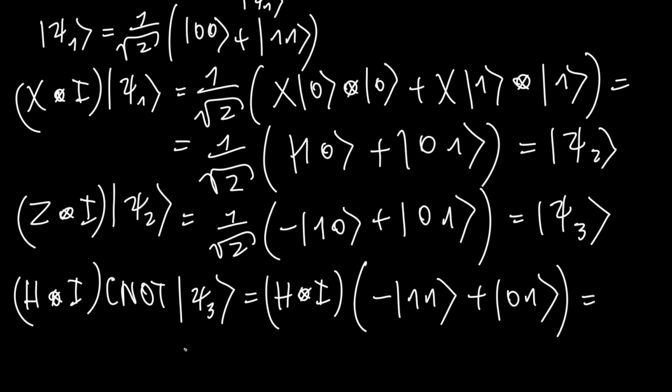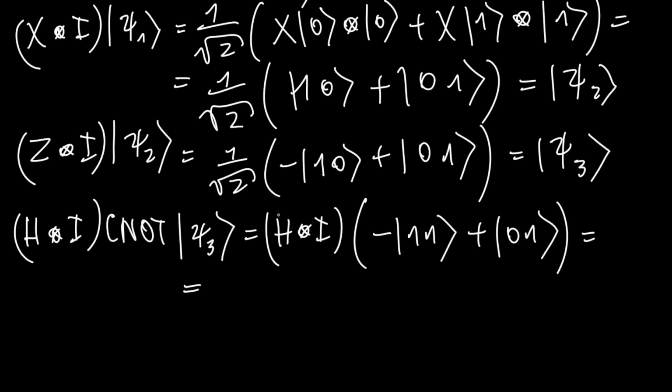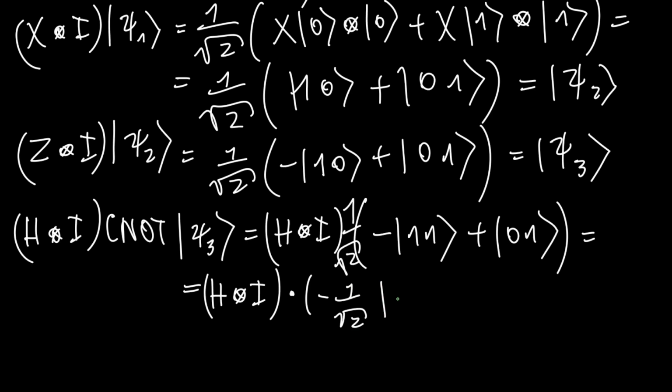Then apply Hadamard. So well, wait, we can do it better. Oh sorry, this is 1 over square root of 2. We can write this as 1 over square root of 2, and then let's put minus in front, minus 1 over square root of 2, right? And then we can do it like this, 1 minus 0, right?